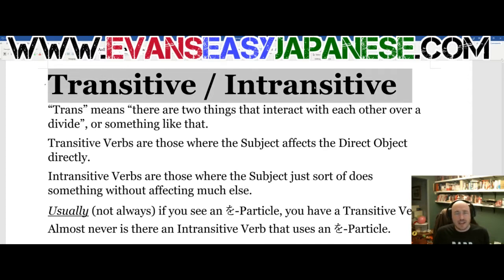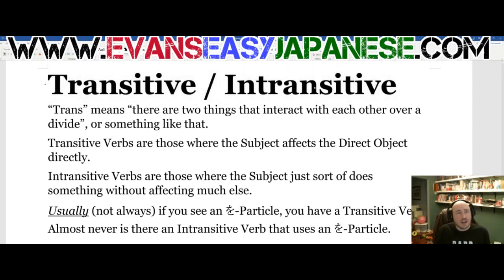Transitive and intransitive. These are descriptions of verbs. And I want to emphasize something right off the bat. Almost everyone in the "I can teach you Japanese" community thinks transitivity and intransitivity, we're going to refer to both of these as a group of transitivity.